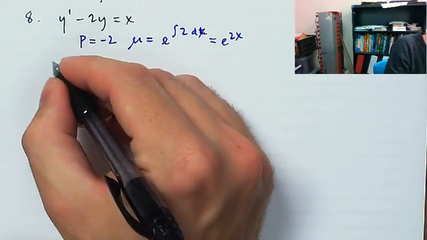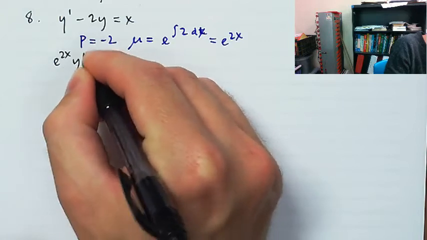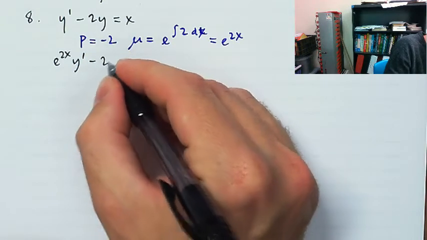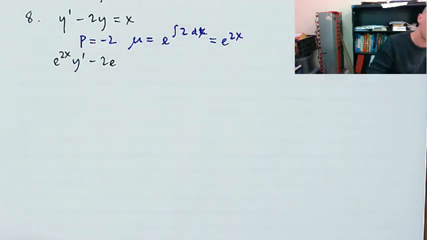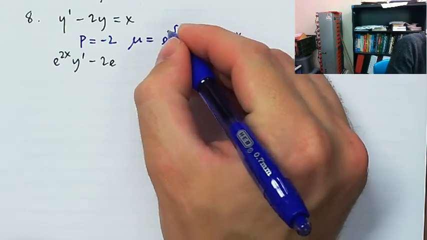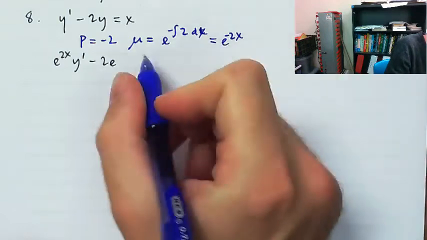Okay, so I'm going to have e to the negative 2x y prime minus 2e to the negative 2x y.